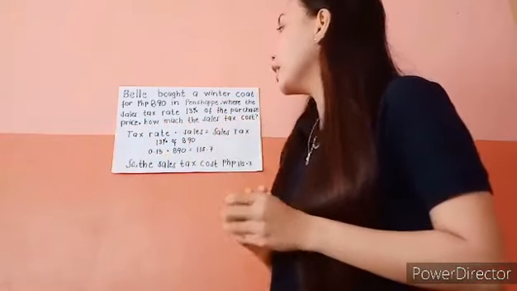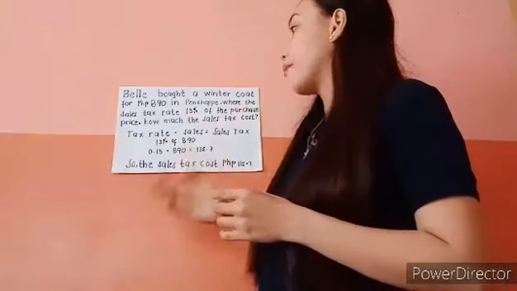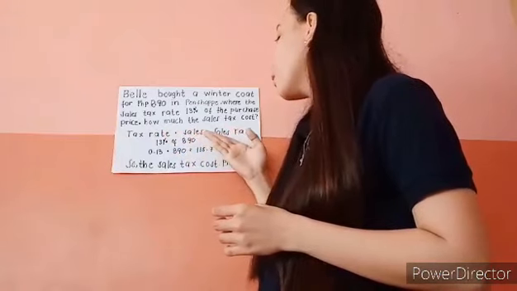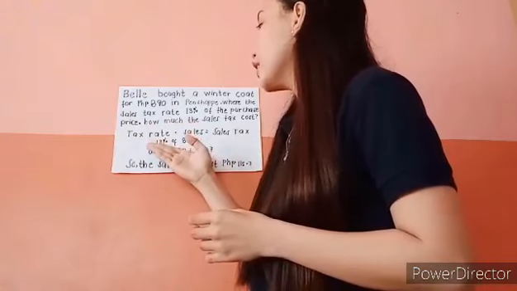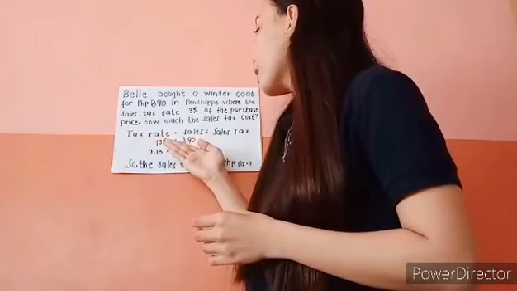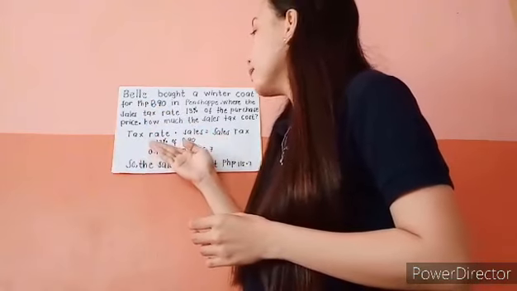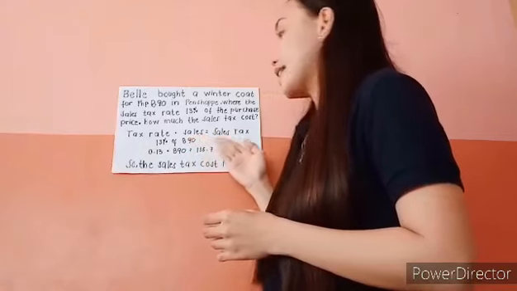So, ang hinahanap dito is the sales tax. So, here is the formula. Tax rate multiplied by sales is equal to sales tax. So, ang tax rate natin is 13% of ang sales natin is 890 pesos. So, 13% of 890 pesos is equal to sales tax.